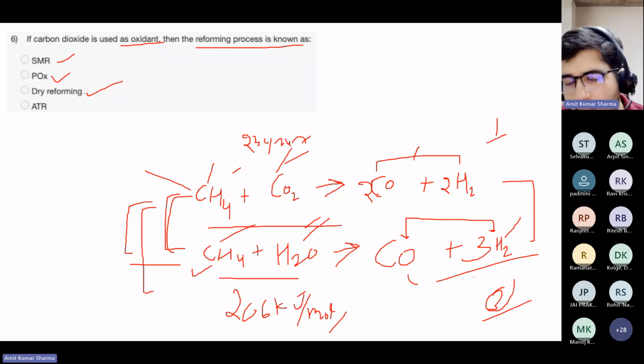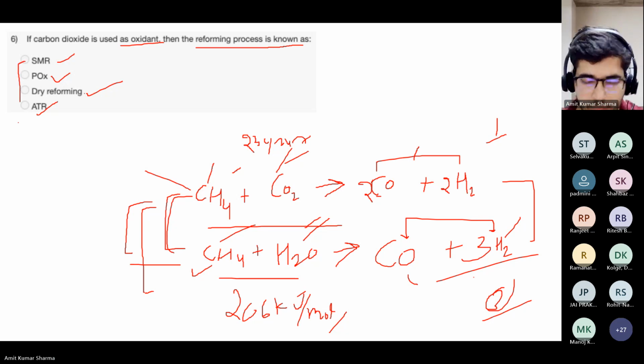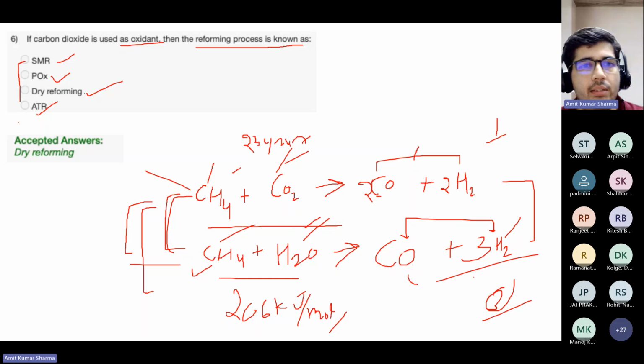There will be some partial oxidation and that will provide the heat for reforming, so your net heat requirement will be lowered. Similarly, autothermal reforming is a combination of steam reforming and partial oxidation. So the answer for this question is dry reforming.